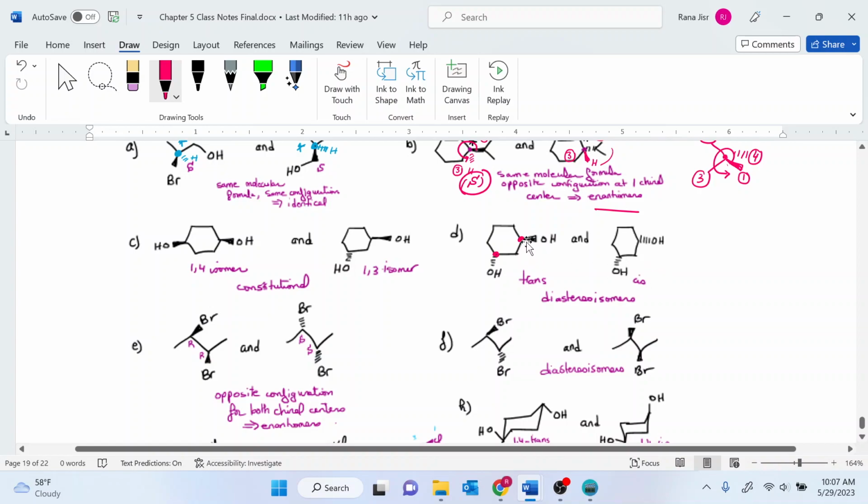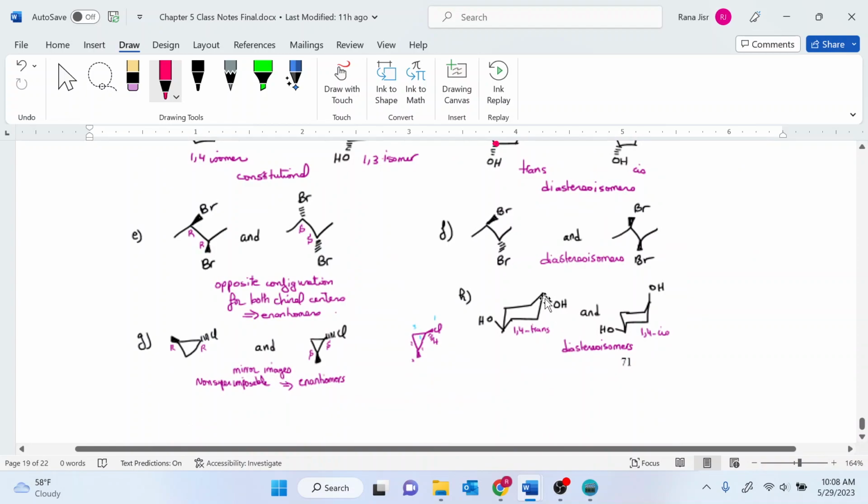But if you have a trans and you're comparing it to a cis, then in this case, those are going to be diastereoisomers. So trans and cis are always diastereoisomers. Again, here, trans and cis, these are diastereoisomers. Here I'm comparing two cis with respect to each other. So do the configuration, and these are enantiomers. They cannot be diastereoisomers. But a trans and a cis, they are diastereoisomers.